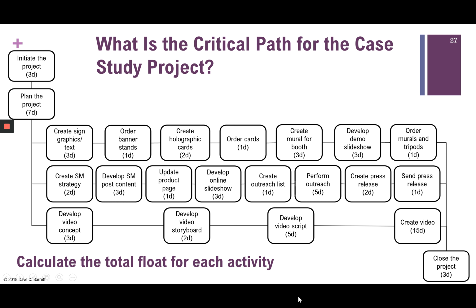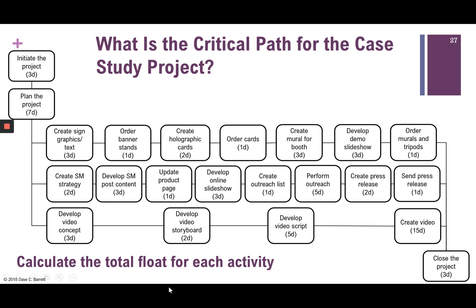However, now the question becomes, what about these other paths? How much float is in there? Again, for this level of detail I recommend you go to your textbook. But you'll notice these all run simultaneously. If you add up the durations here, 15 days, 5 days, that's 25 days in this little subsection.